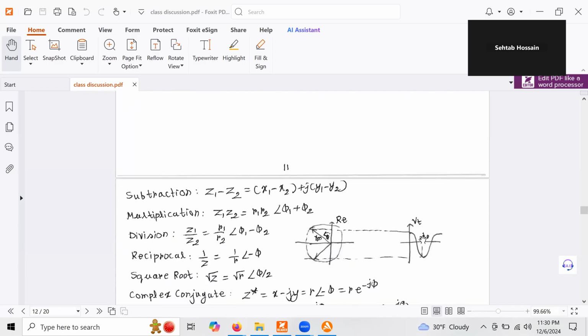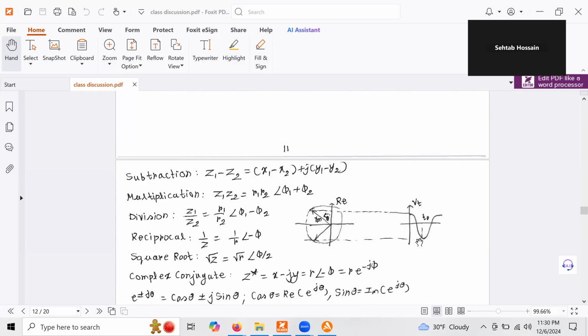So how about the subtraction of a rectangular format? It will be just like this. Subtraction of the real part, subtraction of the imaginary part. How about multiplication?